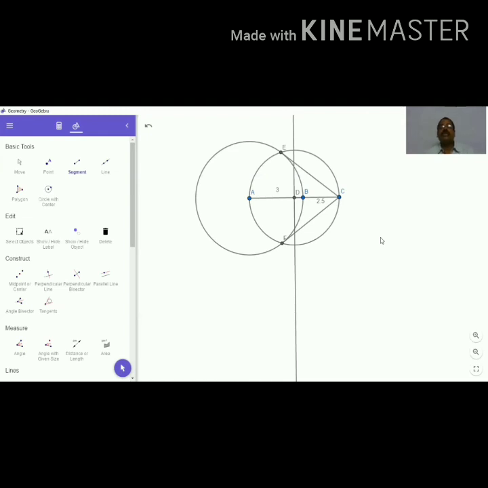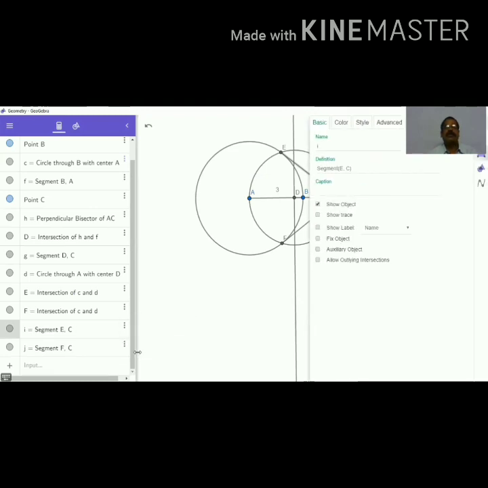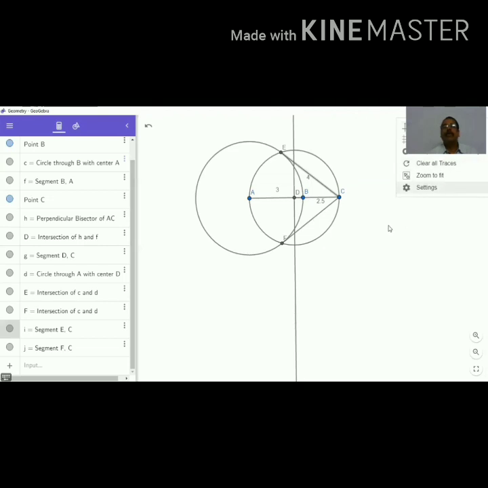Now we have to measure EC and FC. So we got 4 centimeters. FC also we have to get 4 centimeters for verifying our construction.